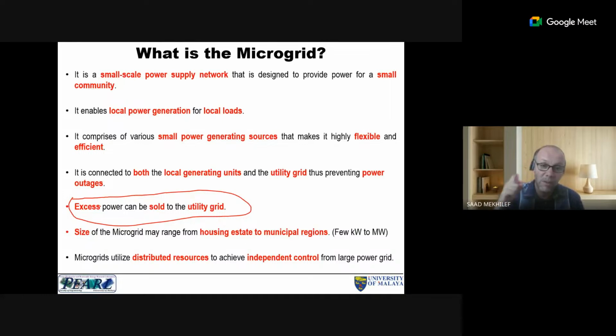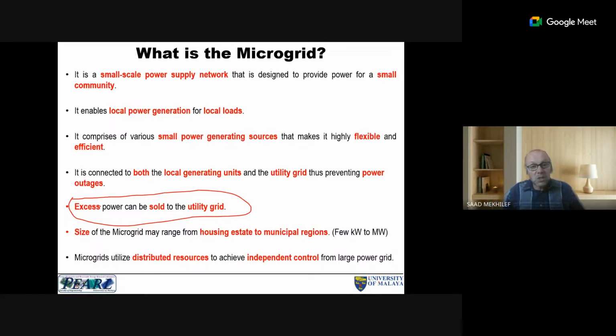I'm talking about rooftops, not large power plants. So the utility companies now reduce the price of solar electricity, because last time they wanted to promote and encourage it, but now it's becoming a mature industry.